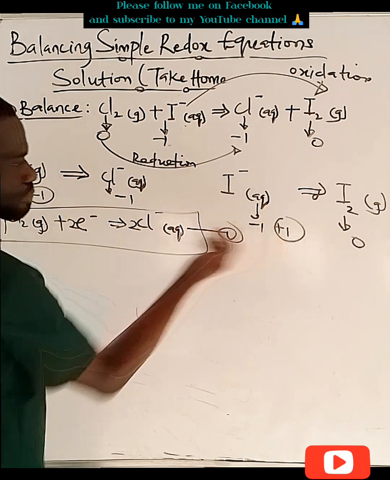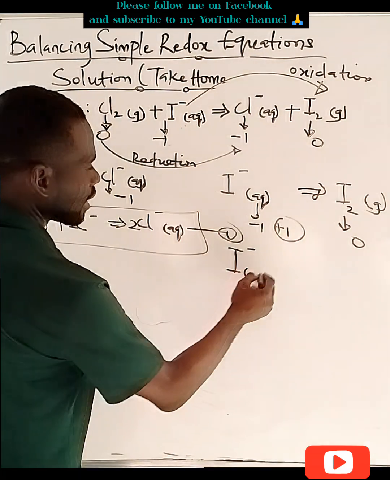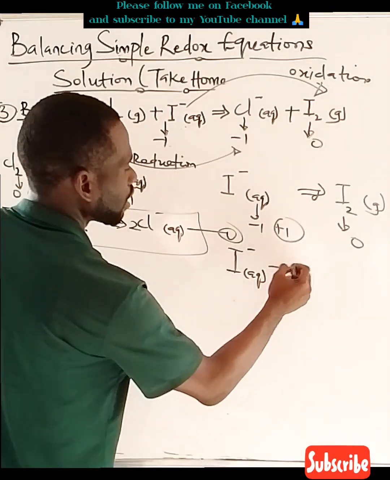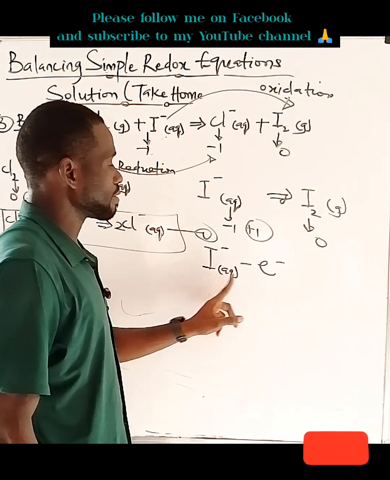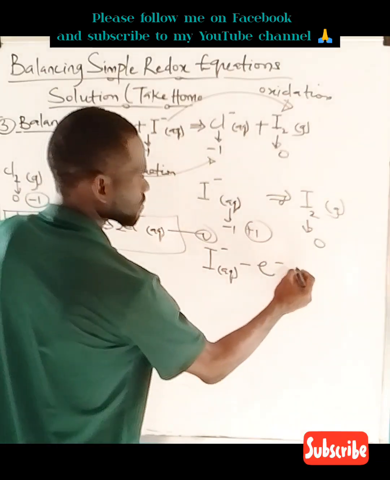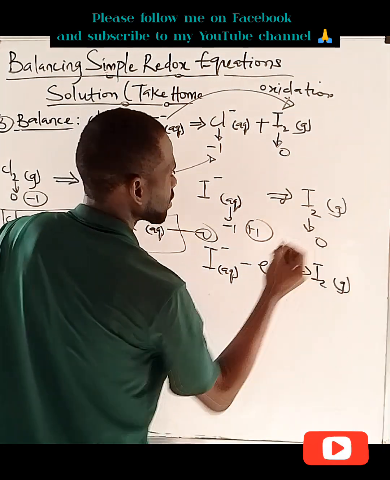So how do we add plus 1? We're going to add plus 1 by subtracting an electron. So -1 minus -1, that is -1 plus 1, which gives us 0. So that's that. We have this iodine gas here.